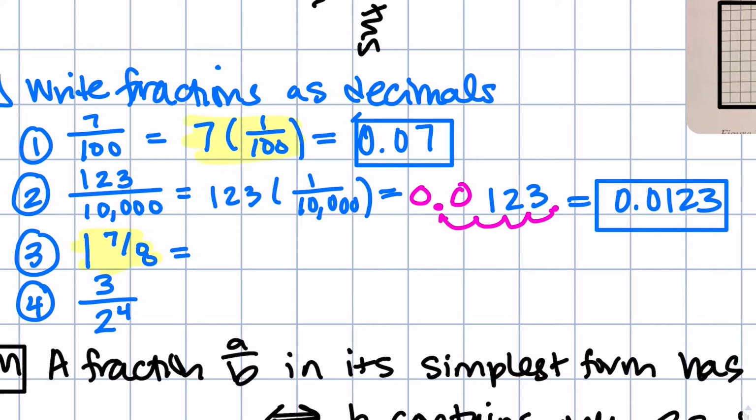So 7 with the parentheses here means 7 times 1 over 100. In example 3, we have 1 plus 7/8, that's the mixed number. So be very careful about what's implied by these notations, whether there's some sort of parenthesis or the operation is implied to be multiplication as in example 1 or addition as in example 3 here.